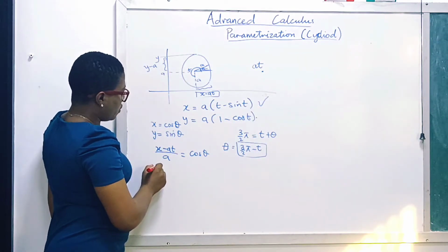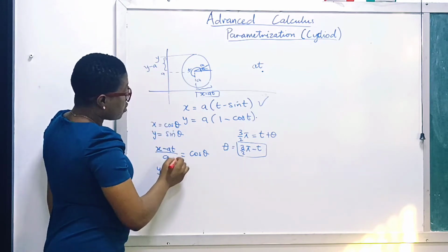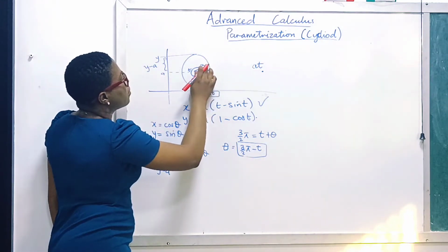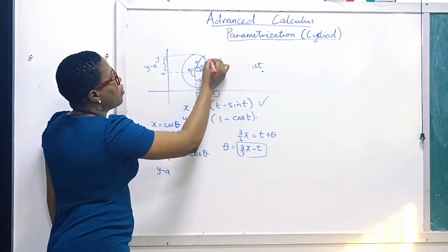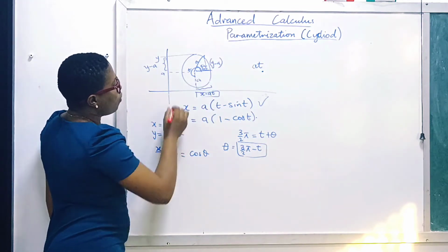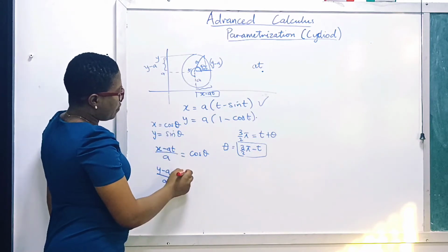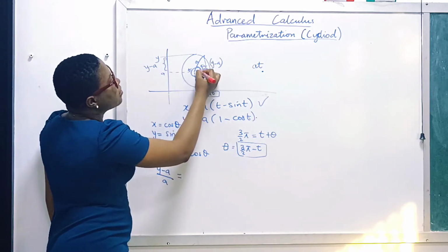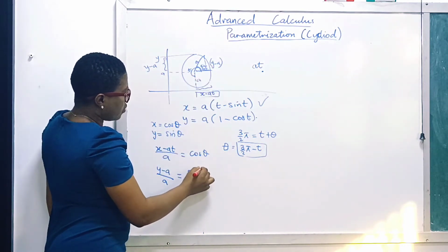And you substitute y here, which is y minus A. You have y minus A over the hypotenuse A is equal to opposite over hypotenuse, which is sine theta.